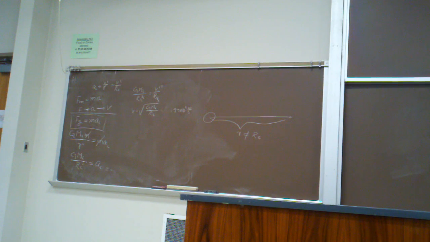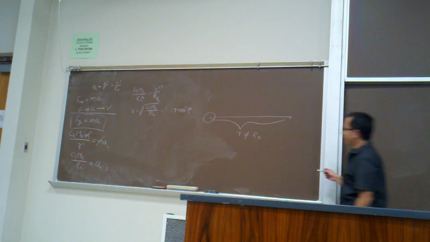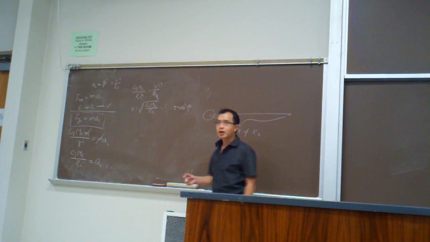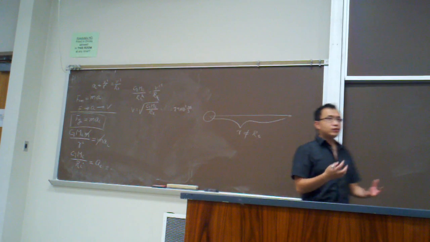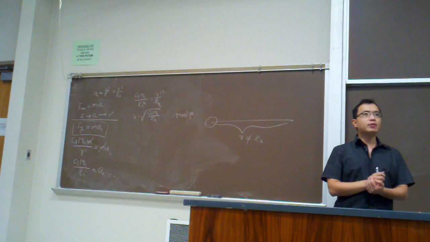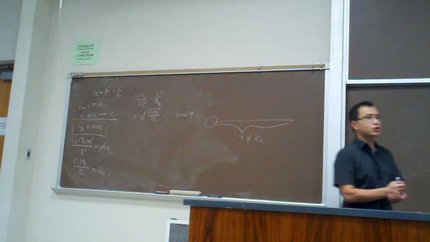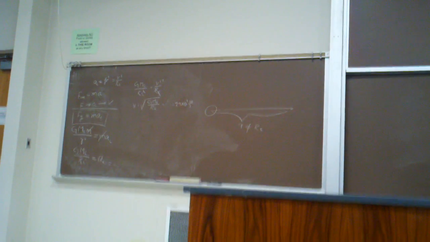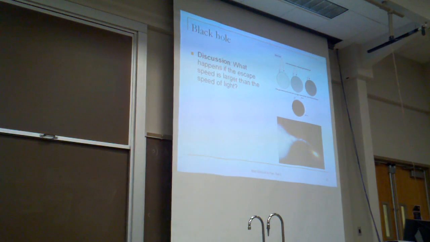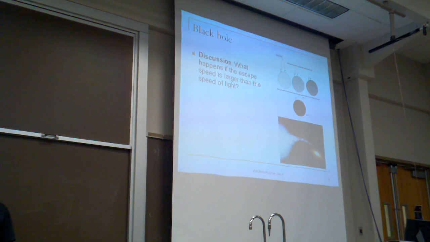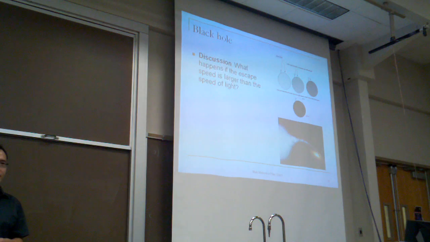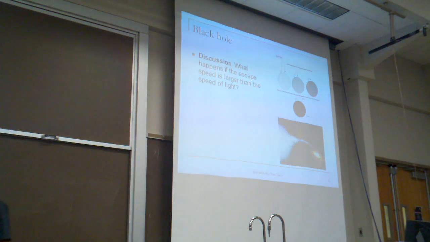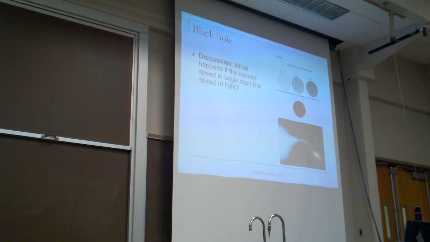Now, I would like to talk about the interesting phenomenon related to what we have learned here. If you want to make something escape from the gravitational force or gravitational field of some heavenly body, say Earth, you have to make the velocity larger than the escape velocity of the Earth.